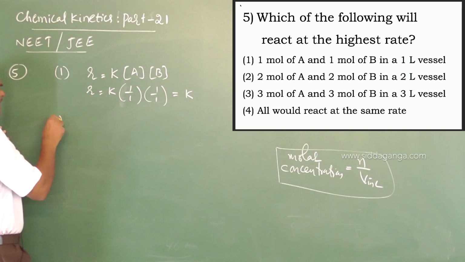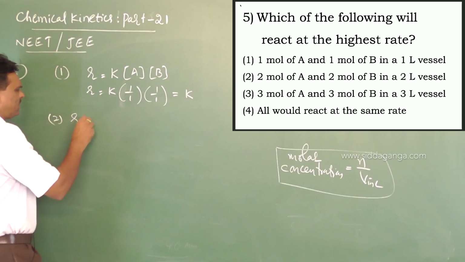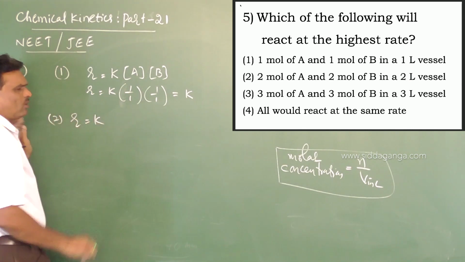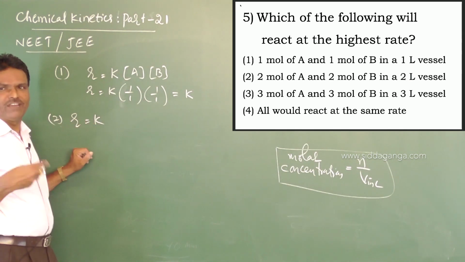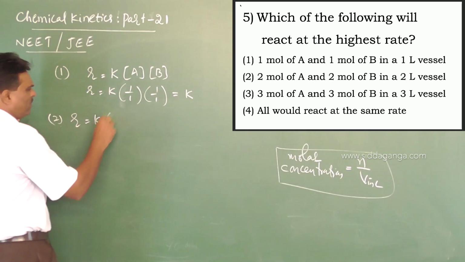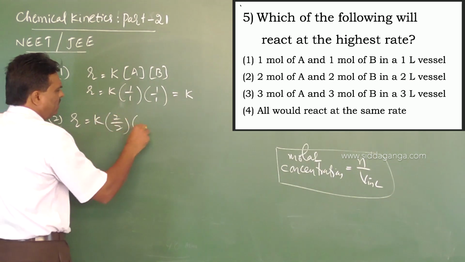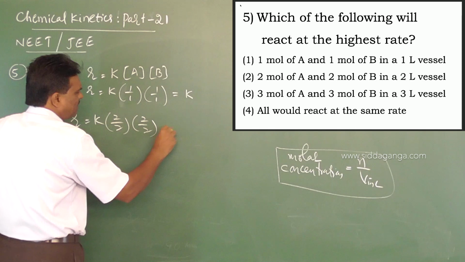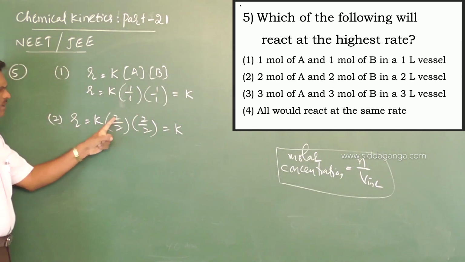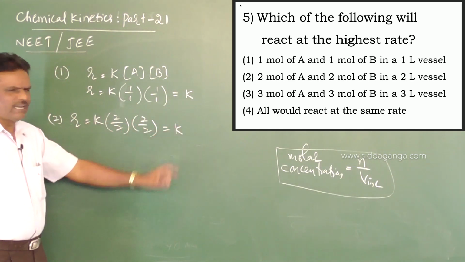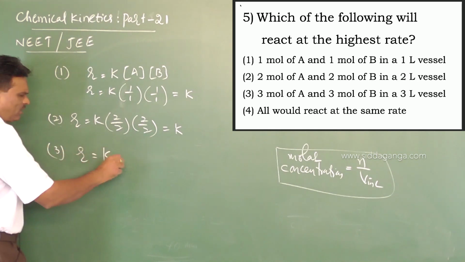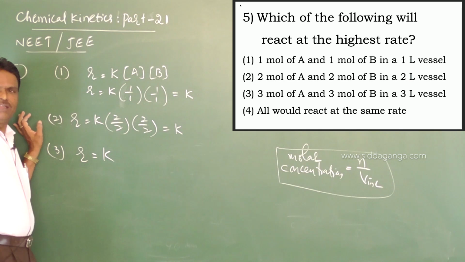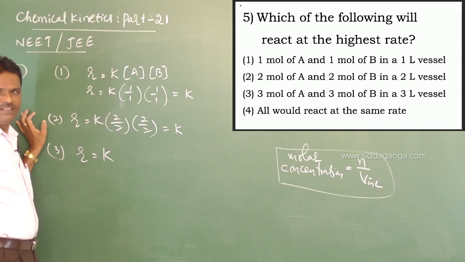Then similarly in the second option, R is equal to K into the molar concentration of A, say in the second option 2 moles of A and 2 moles of B in 2 liter. So here 2 by 2, here also 2 by 2, it is also equal to K. So 1 by 1, the rate is equal to the rate constant. Similarly in the third option, the rate is equal to K into 3 moles of A, 3 moles of B in a 3 liter vessel.